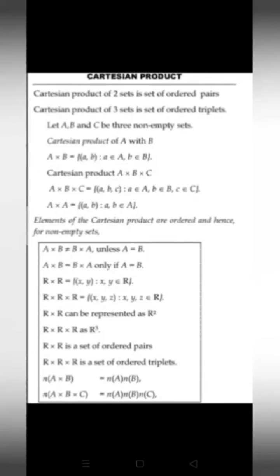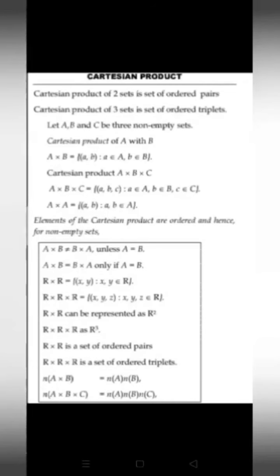Next, n of A cross B equal to n of A into n of B. Suppose set A has three elements and set B has two elements, then n of A cross B equal to 3 into 2, that is equal to 6. Right?